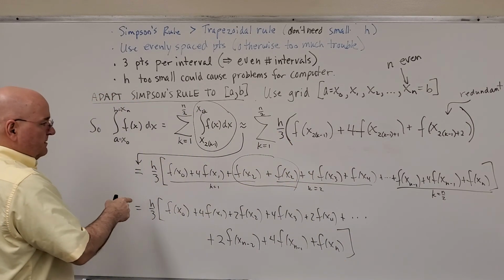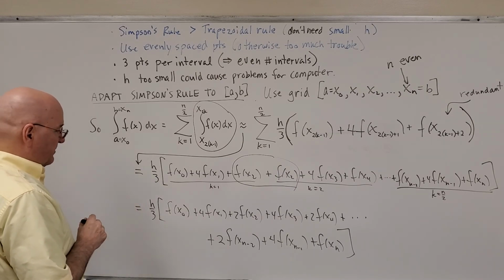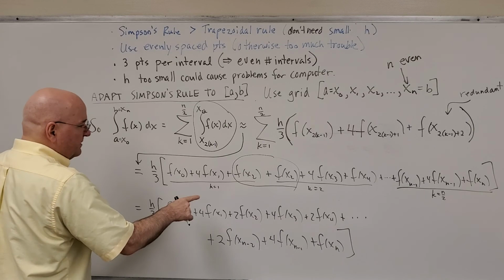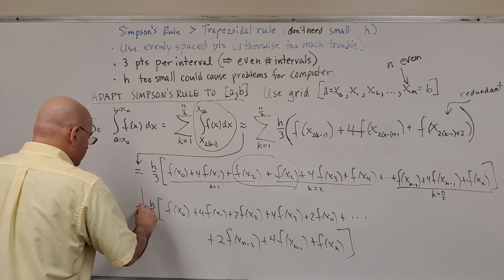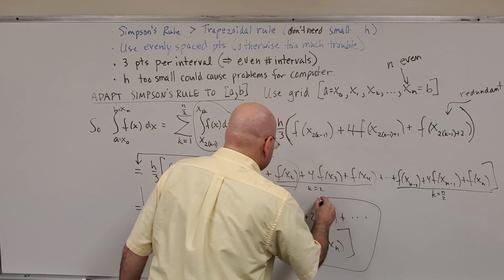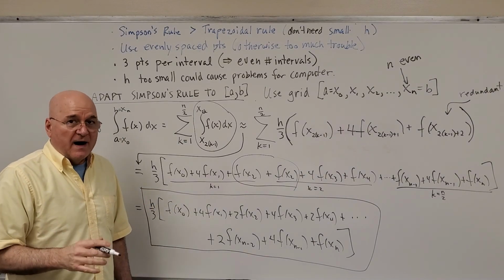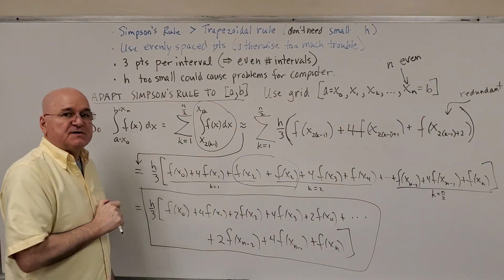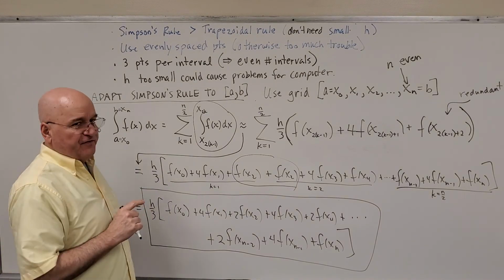This is Simpson's rule for the approximation of the integral from x0 to xn. Very simple to compute and quite accurate even when h isn't extremely small. So very, very powerful tool.